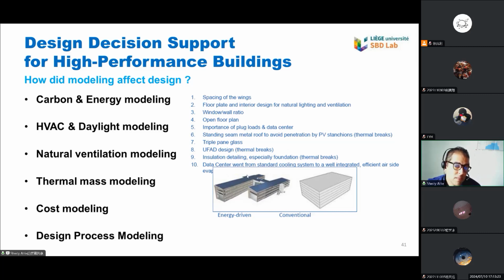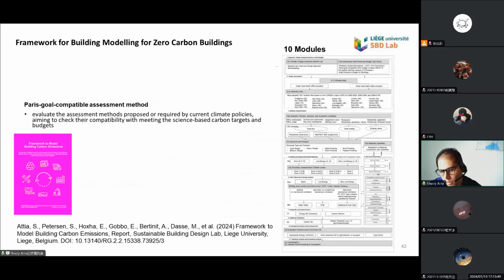Here it is better distributed spatially, and the whole roof is covered by photovoltaic. There are more window openings, natural ventilation, and natural lighting. And as a consequence, the whole building consumption is reduced by 80%. 80% energy reduction just from smart design and from checking different design assumptions using building energy modeling.